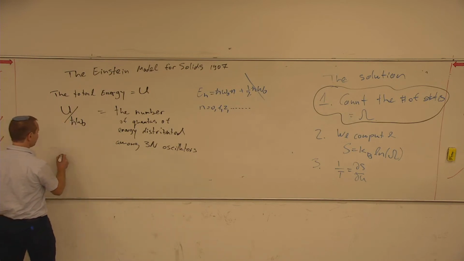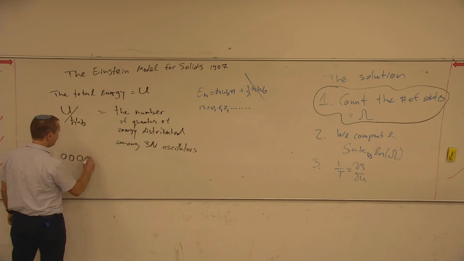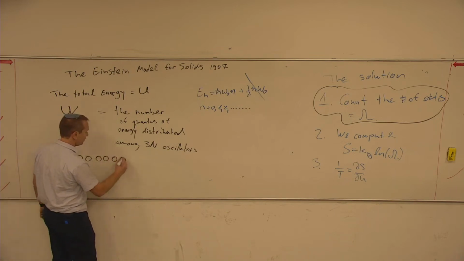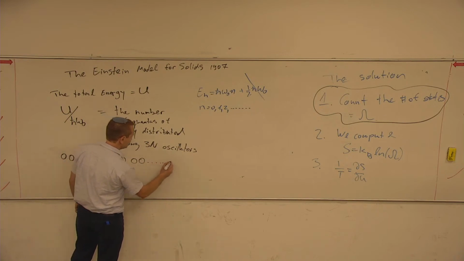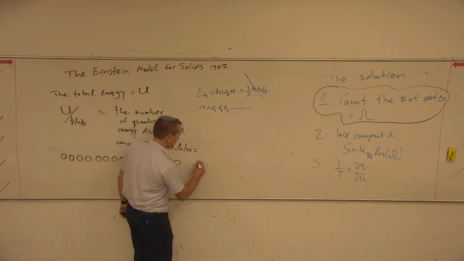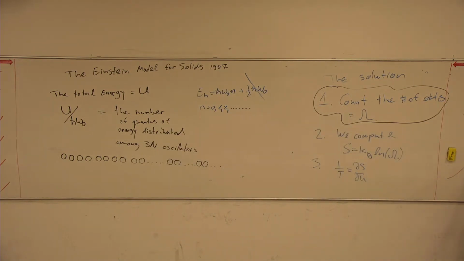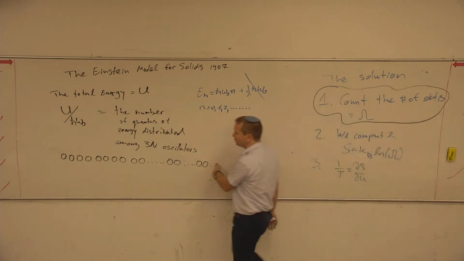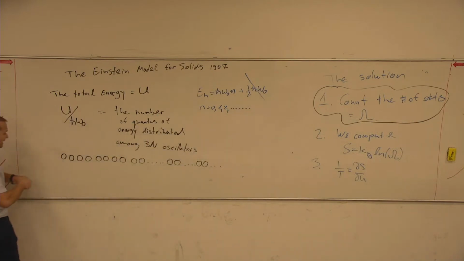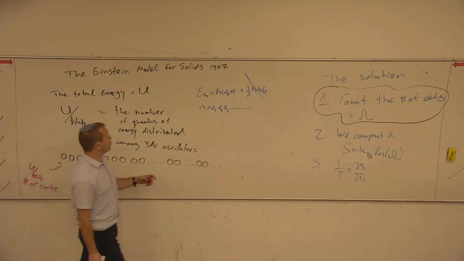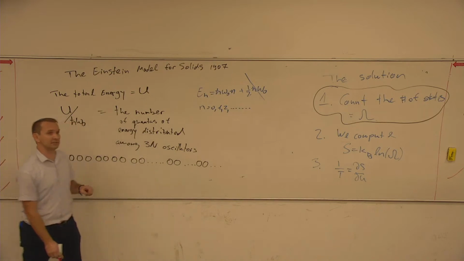Now, think about different energies as specific circles. I just line them up. How many circles do I have? U divided by ħω circles. This is the number of quanta of energy. I need to put them in 3N boxes, right?